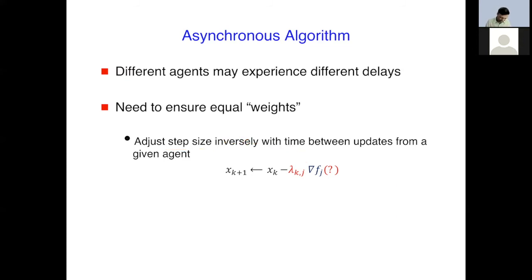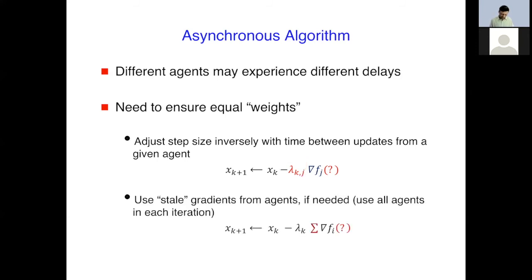The way I present it is not very precise, but hopefully the high-level idea is clear: you can adapt these step sizes so that each agent gets equal importance, meaning if you take the multipliers here and add them up, you get the same value over large intervals of time.